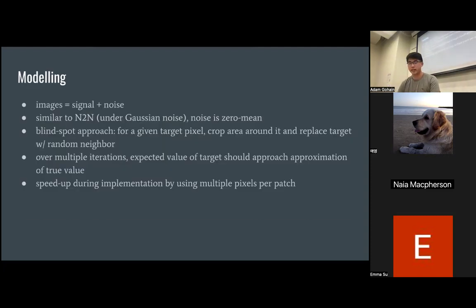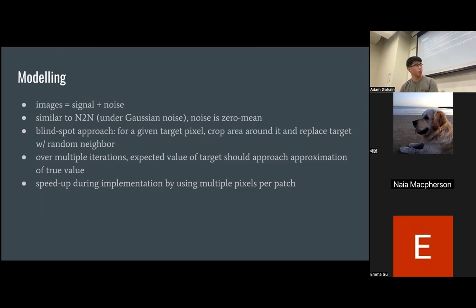In implementation, using this approach is kind of slow, because for every single pixel within an image, you'd have to draw its own separate patch. So in implementation, they sped this up significantly by, instead of treating it at a pixel level, taking patches of the input image, like 64 by 64 patches, and then having a hyperparameter n to mask out n of those cells.